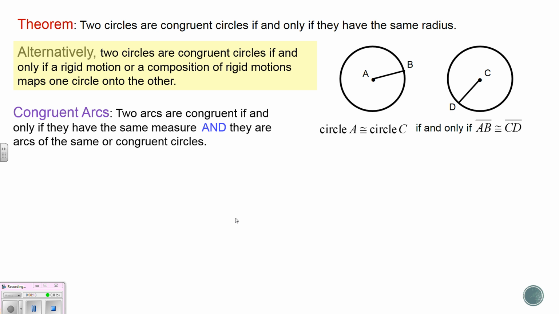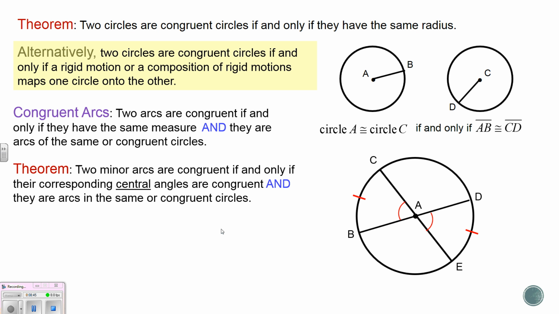The measure of the arc might be the same, but the arcs won't be considered congruent. Think of it as portion of a circumference or how far you'd have to walk. In a small circle, you'd walk a shorter distance from endpoint A to endpoint B. But in a bigger circle, with that same measure of the arc, you would have to walk farther along the circumference. I don't know if that makes sense or not.